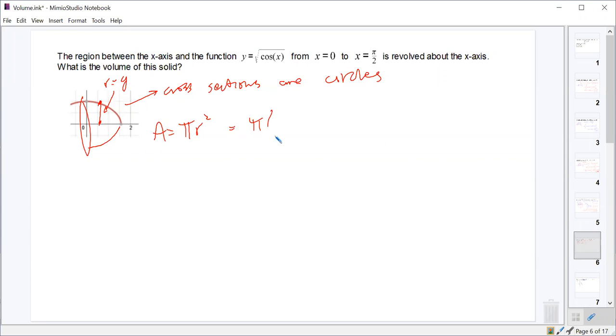So this is pi times square root cosine x squared, or just pi cosine x. Good or no? Yeah. And so our integral will be pi times the integral from 0 to pi over 2 of that cosine x dx.